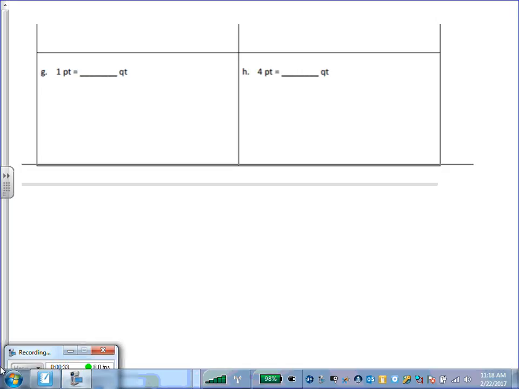I highly recommend before the end of the day you write this down. I know I already told you once, and now twice, to have this written down. It would be really good, if you know where your conversion sheet is, to have it written down on your conversion sheet so that all of that stuff is together.